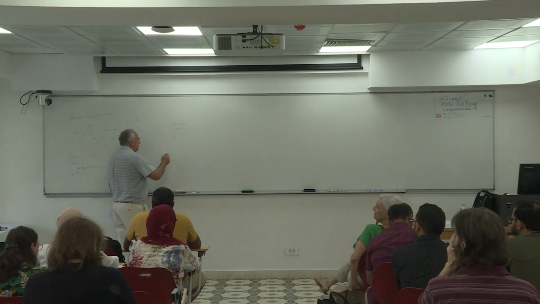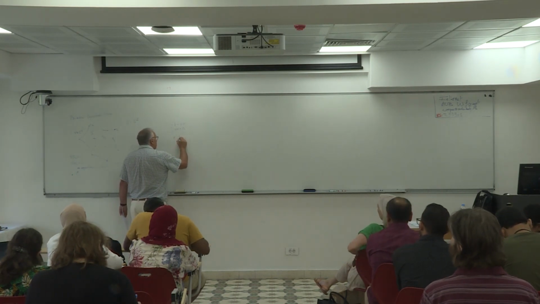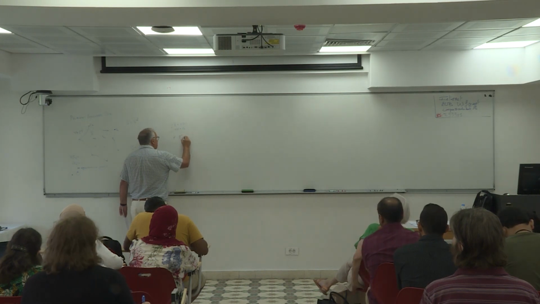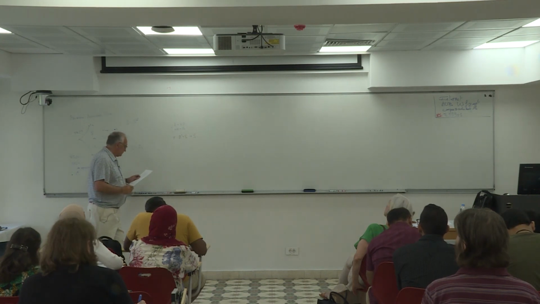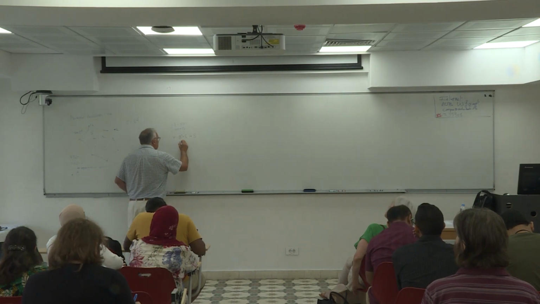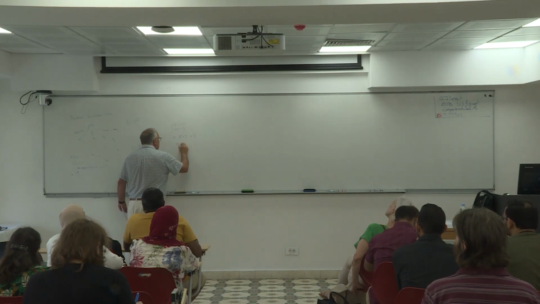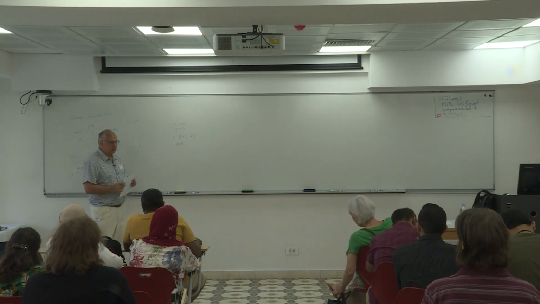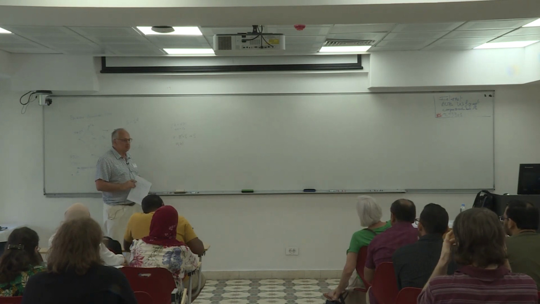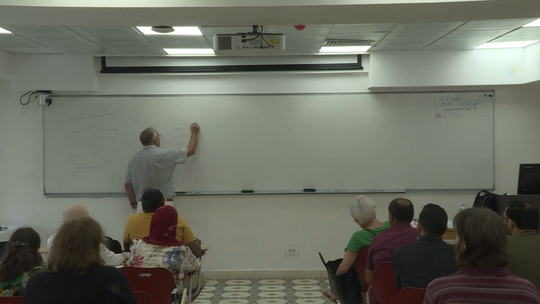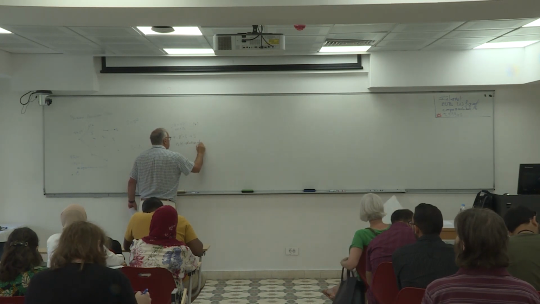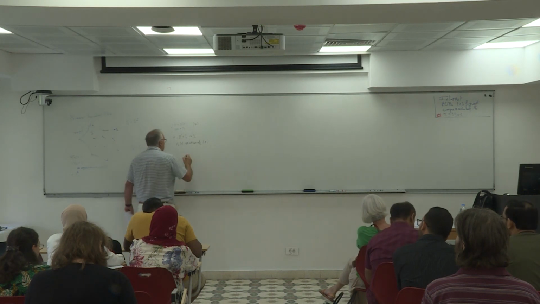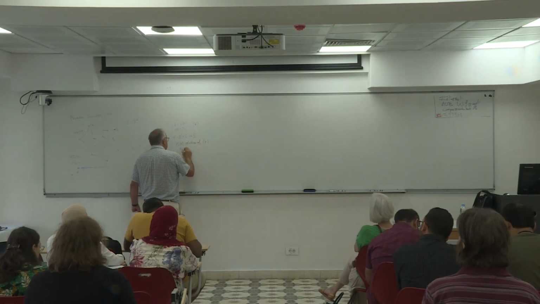The flow is a mapping from R plus times S to S. For every x, phi t of x is a solution of our system, let it be star, with phi 0 of x equal to x.